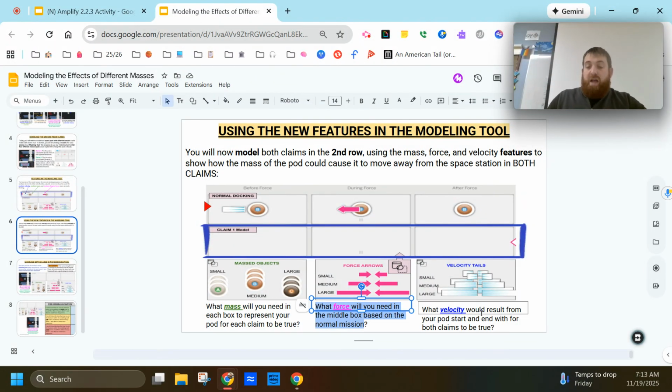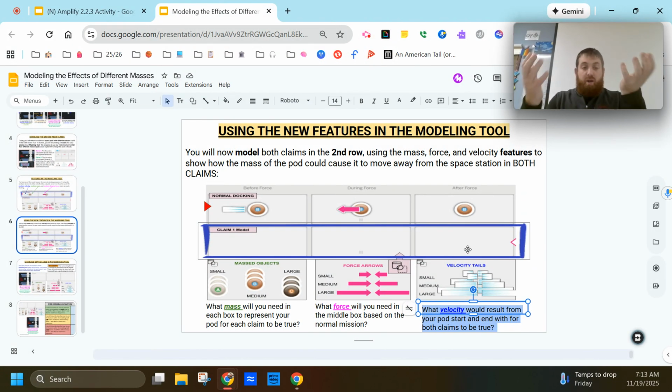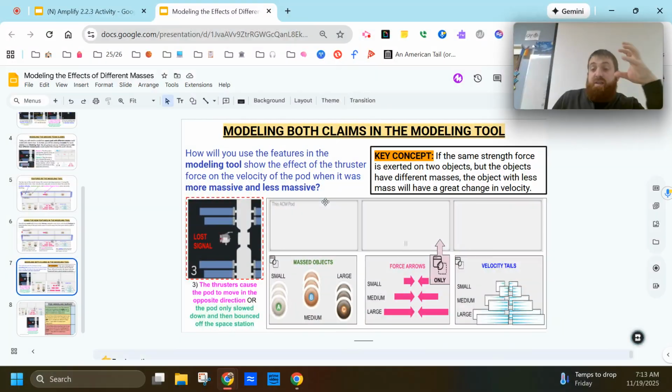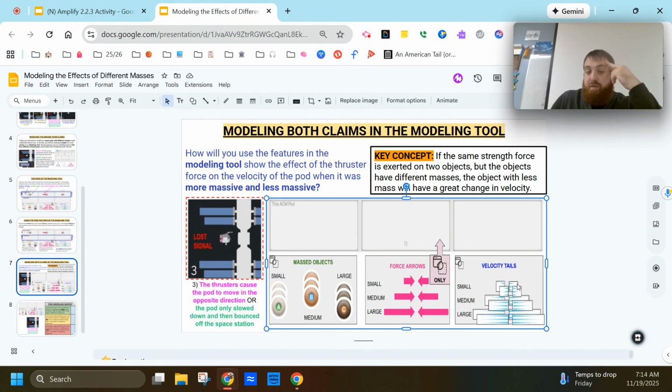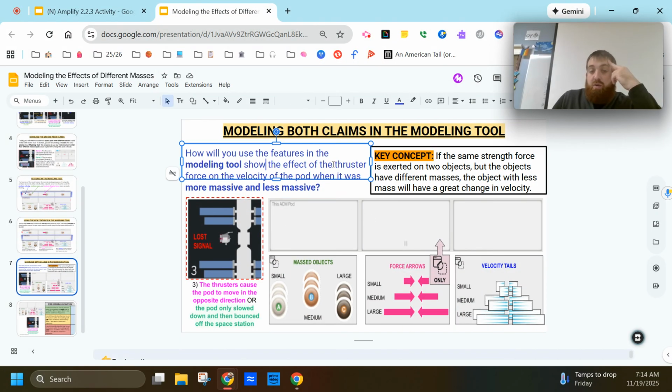And then what velocity would you need at the start, before force, and end, after force, to show both claim 1 and claim 2? So you're asking yourself as you're completing these models, how will you use the features in the modeling tool, so our massed objects, our force arrows, and our velocity details, to show the effects of the thruster force on the velocity of the pod when it's more massive or less massive.